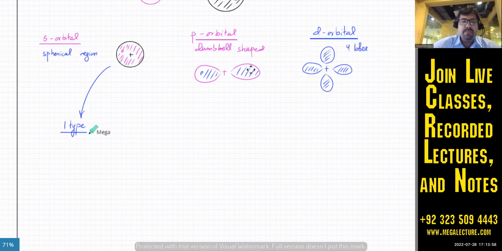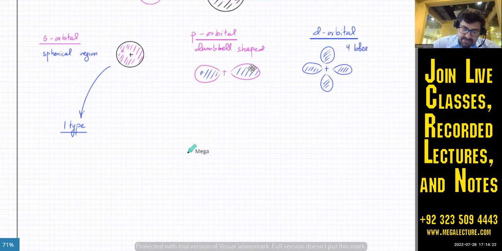Then you have a p orbital. Now, if you look at a p orbital, you would notice that it has direction. So the p orbital can have, I mean, what is a p orbital? That the negative charge is located on two sides of the nucleus. Okay, it's over here and it's over here. So the p orbital can have three different shapes. Okay, three different directions basically.